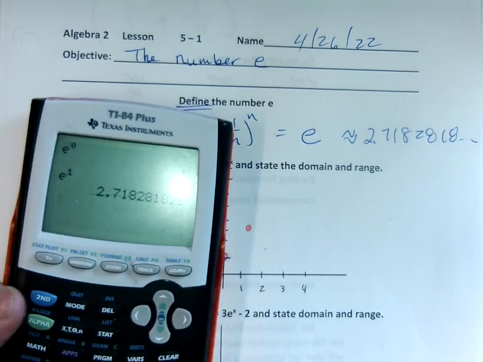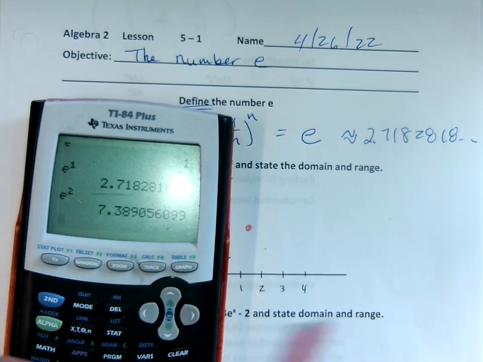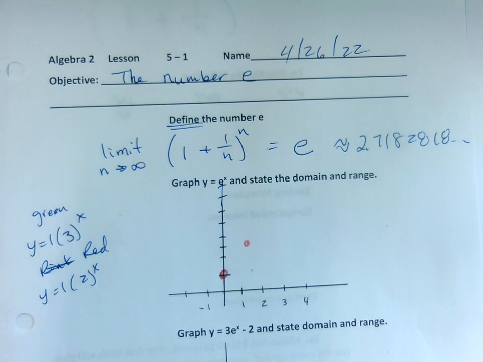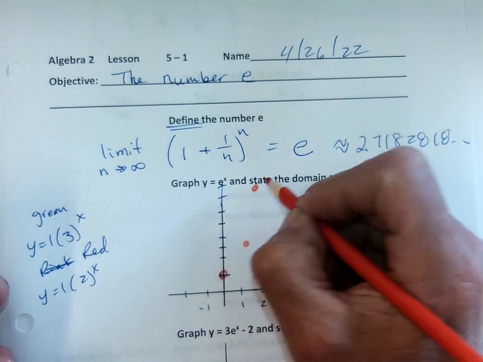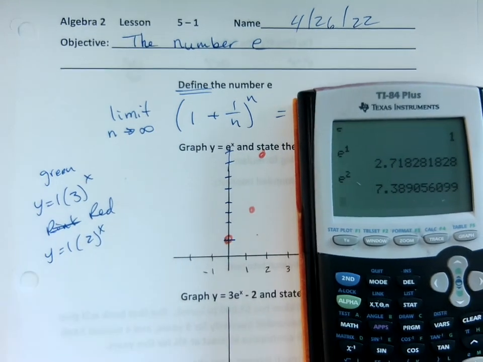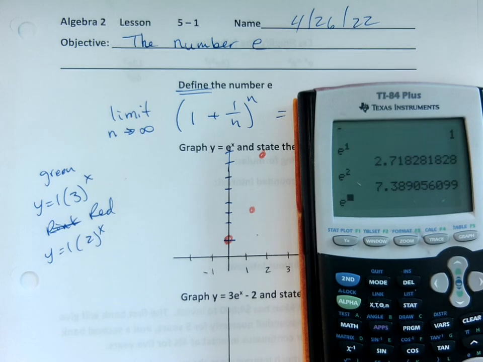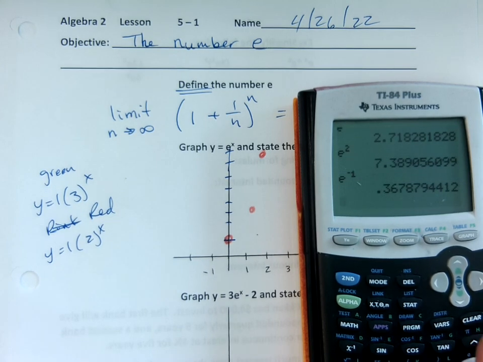If I go e to the 2 power, I get about 7.4. I'm just plugging in values in my calculator: e to the 0, e to the 1, e to the 2. I can also do e to the negative 1, and I get about 0.36.